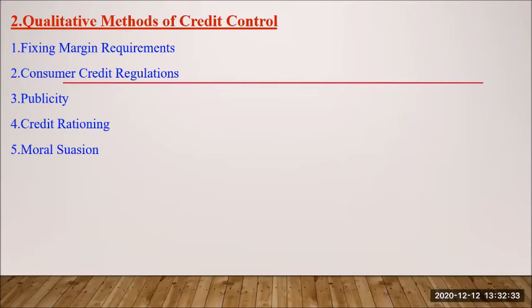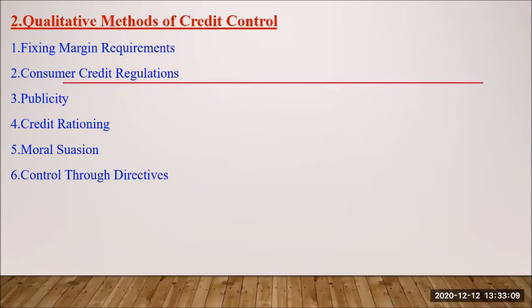That means RBI will give some directions, guidelines and suggestions for the commercial banks regarding the credit supply reduction for speculative purposes. For speculative purposes, the credit supply of the commercial bank should be reduced. How it will be reduced and when it should be reduced will be mentioned in the guidelines.